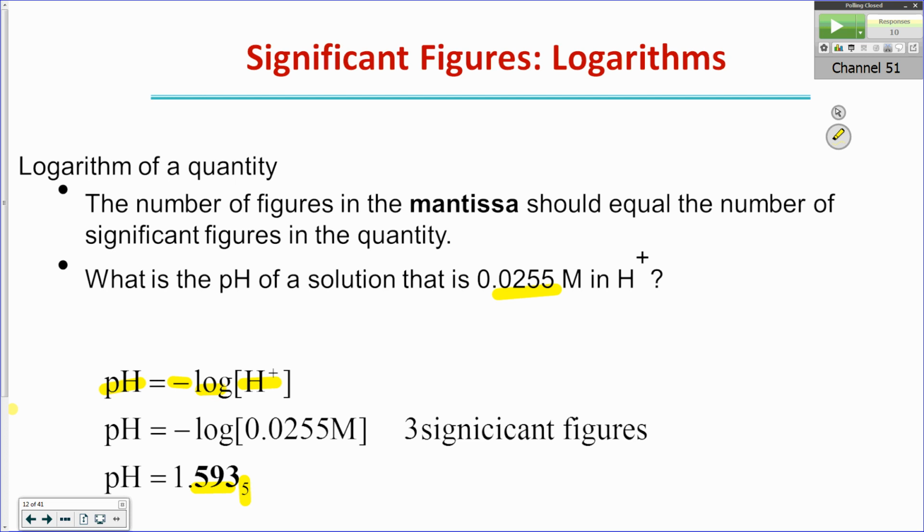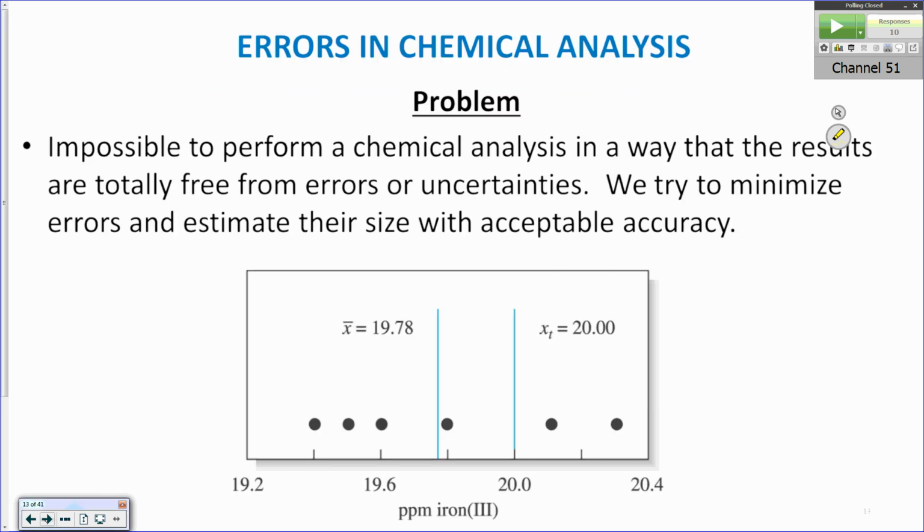The thing I'll tell you, if you have to use that number for something else in the calculation, in the long run, keeping that insignificant digit will save you a rounding error. And honestly, when you do a calculation, I'm not going to count off a rounding error for you. I know that it's easy to happen. The best thing that you can do is leave all the digits in the calculator and don't round until the very end.